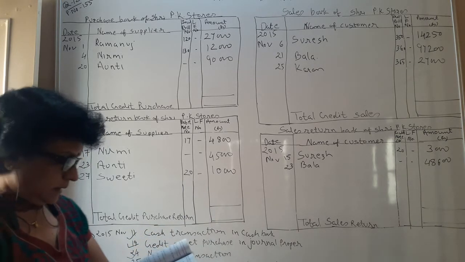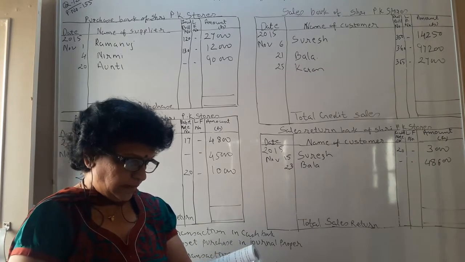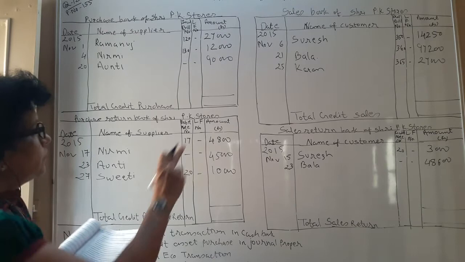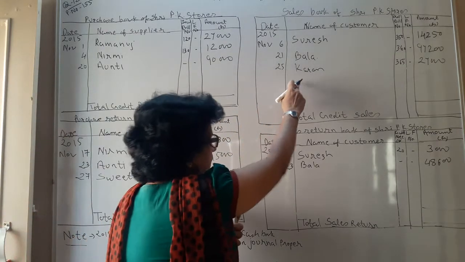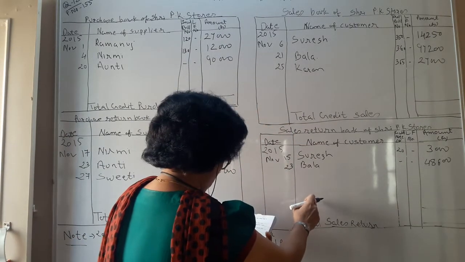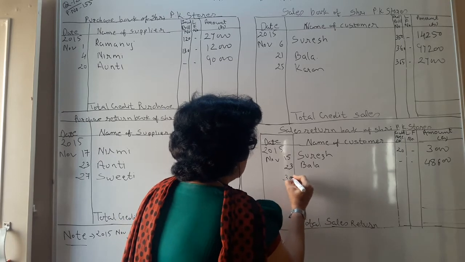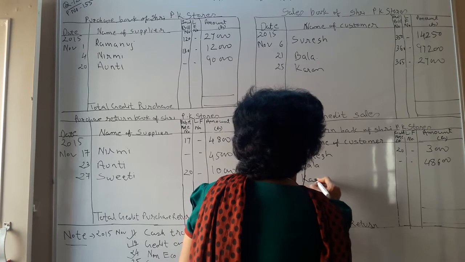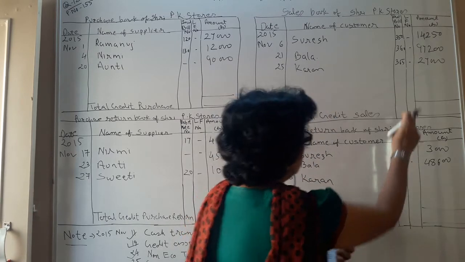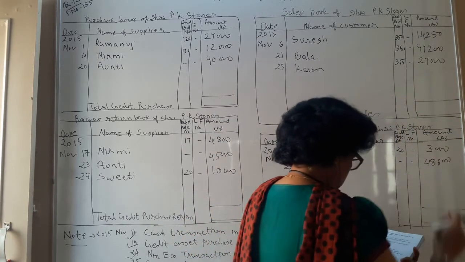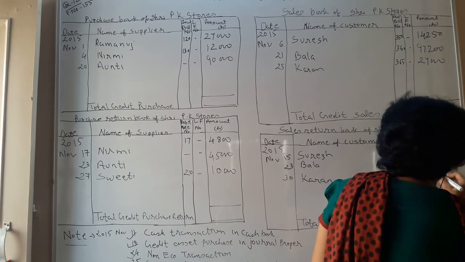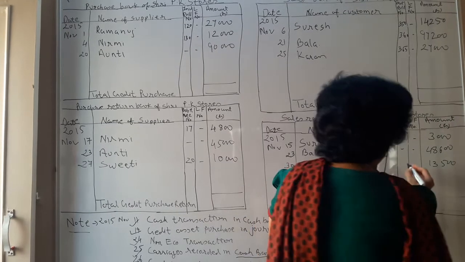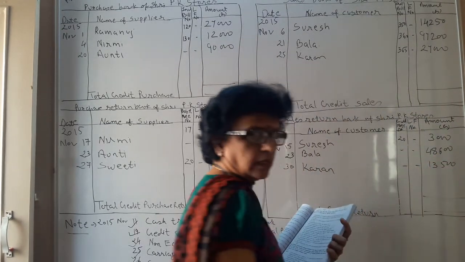Next is 30th. Karan returned half of the goods and a proportionate amount of carriage was given credit. Now you have sold to Karan. Karan is returning, so it becomes sales return. So on 30th, you have the sales return, that is Karan. Half of the goods, so half of 27,000 becomes 13,500. The credit note number is not mentioned, so we are going to put a dash.